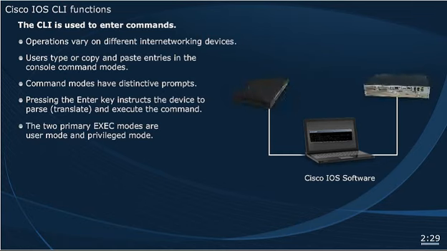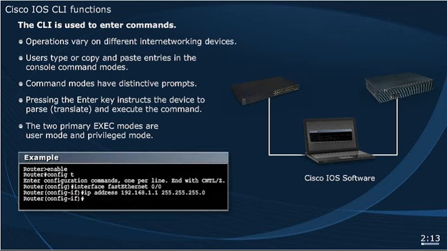So we'll be using the iOS in this course on both switches and routers. But the operations that are going to be performed are definitely going to be different. Because our switches are designed to do one thing, and our routers are designed to do a completely different thing.